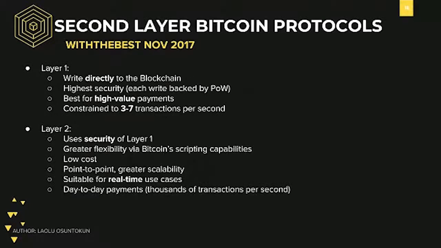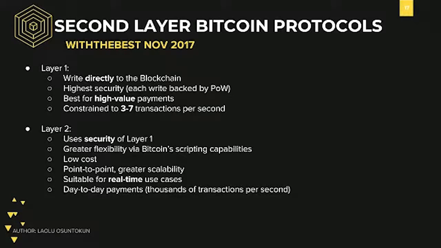Okay, so quickly to differentiate between these layer 1 and layer 2 protocols, as Alex kind of asked about. So in layer 1, you write directly to the blockchain, and it has the highest amount of security because literally every transaction that you're making on the network is being validated by everyone.